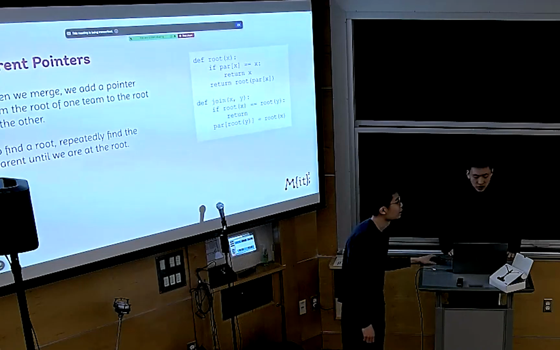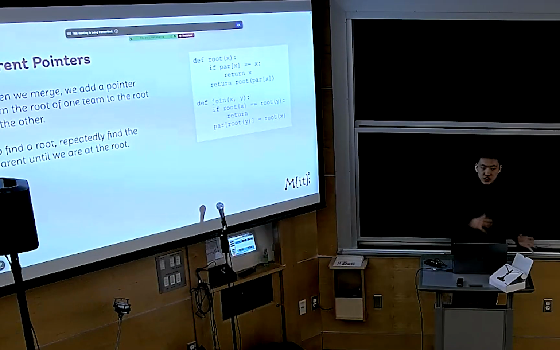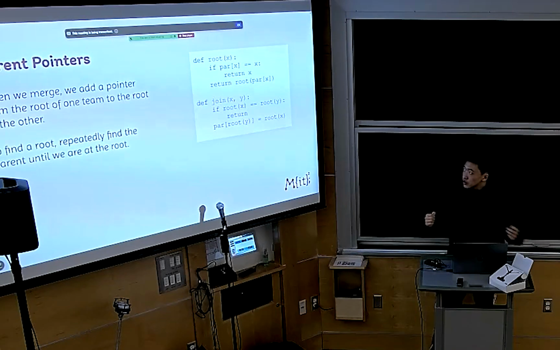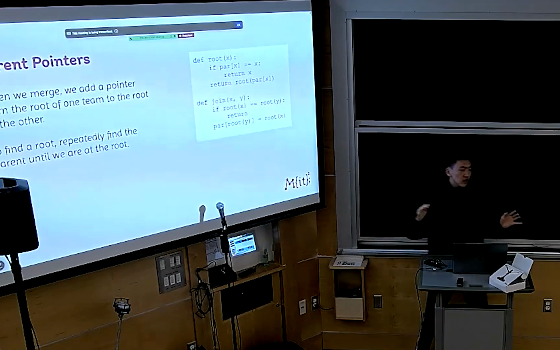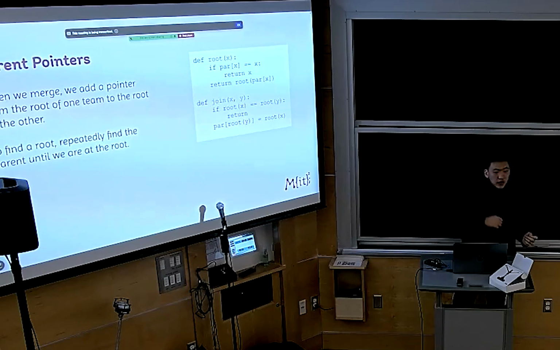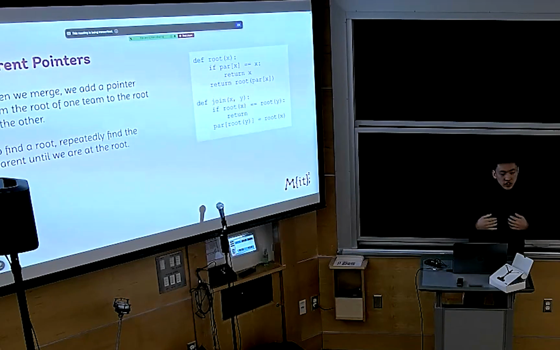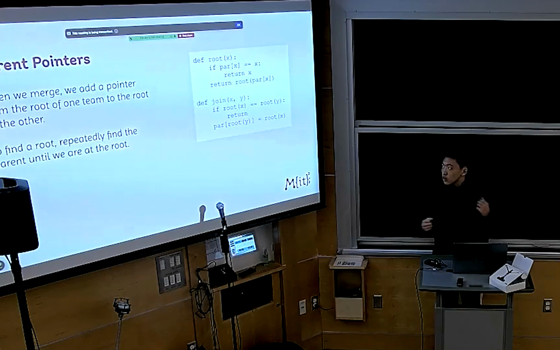Okay. So let's talk about how we might go about implementing this kind of idea. Suppose we wanted to find the leader, or in this case the root function. What we would do is initially set the parent of every node to be equal to itself. If the parent of a node is yourself, then you can think of yourself as the leader of your component.